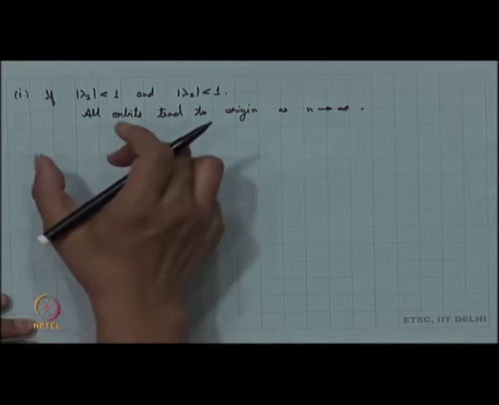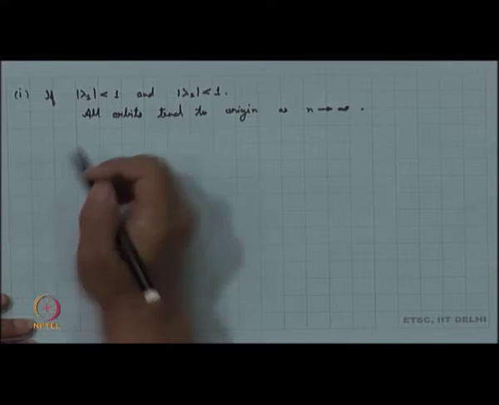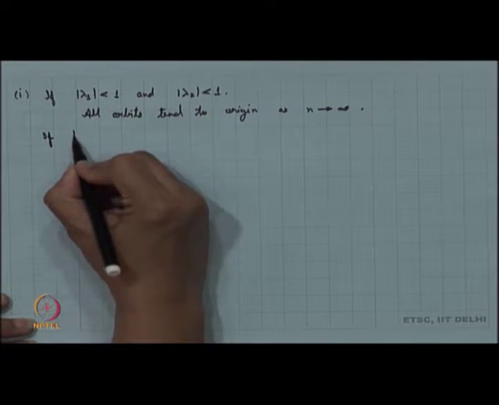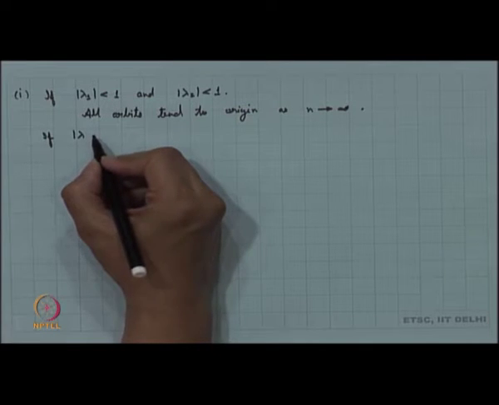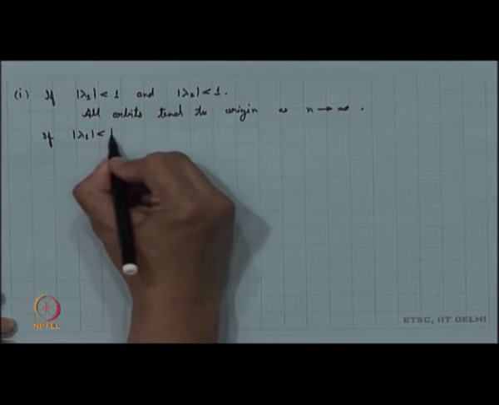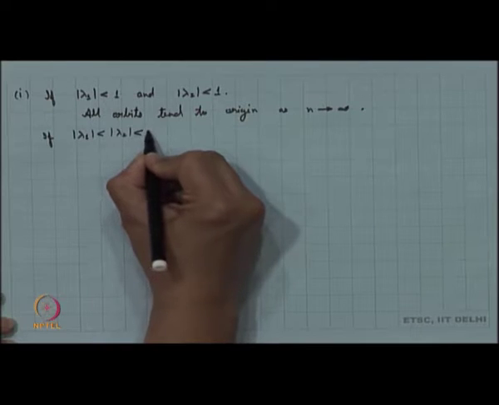But there is still some difference that you can observe here. Say mod of lambda 1 is less than mod of lambda 2, which is less than 1.